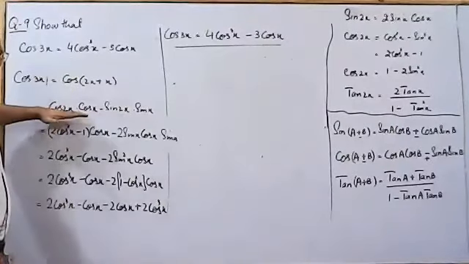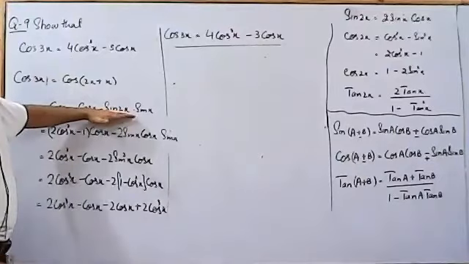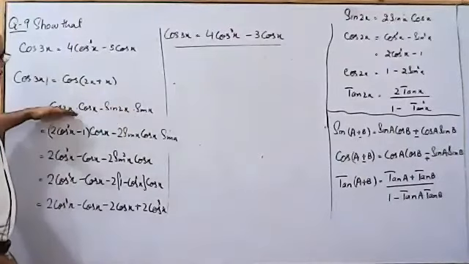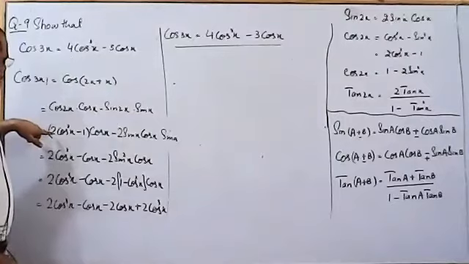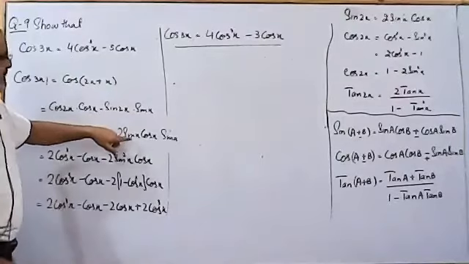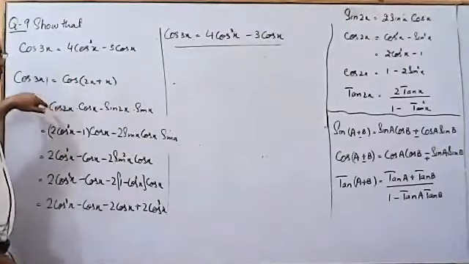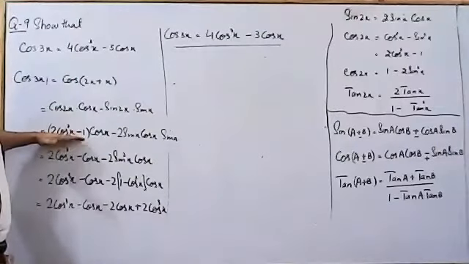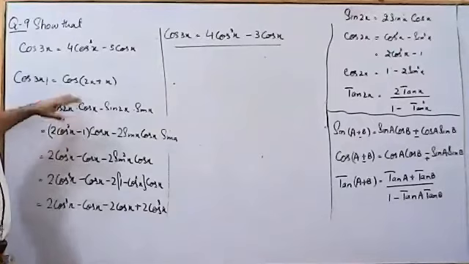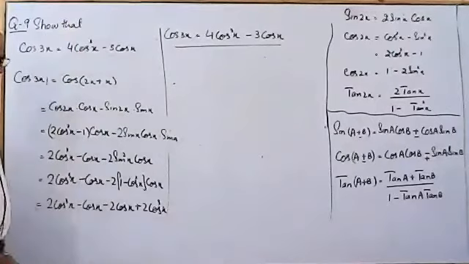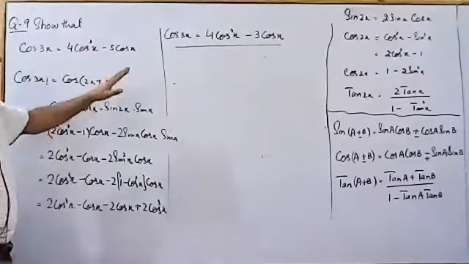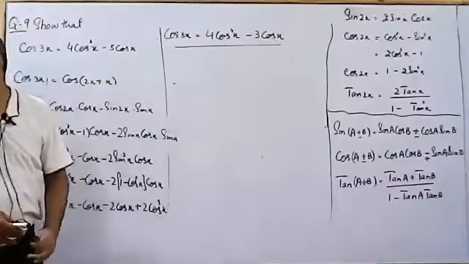From here, I have changed sine 2x and cos 2x into 2 sine x cos x and 2 cos square minus 1. I have used the identity for cos 2x which contains cos only, not sine, because in the final expression, I need cos only. On simplifying, I have arrived at our destination.